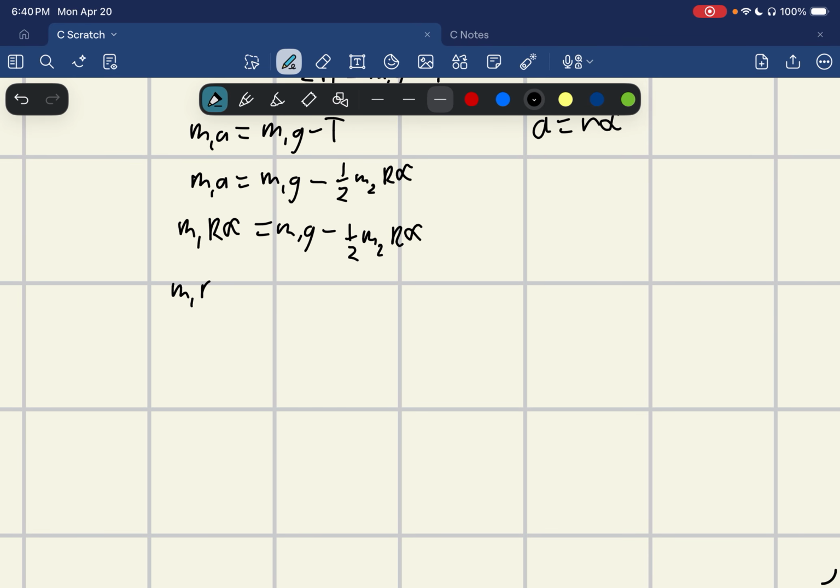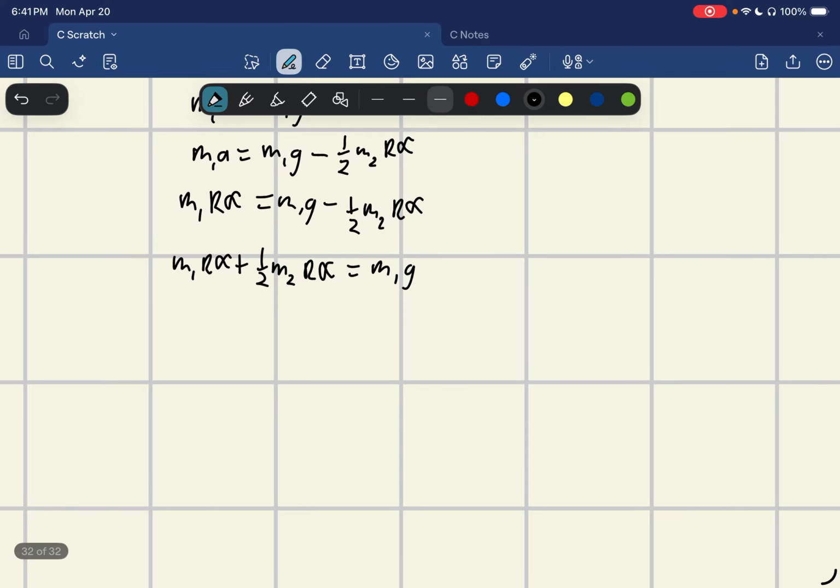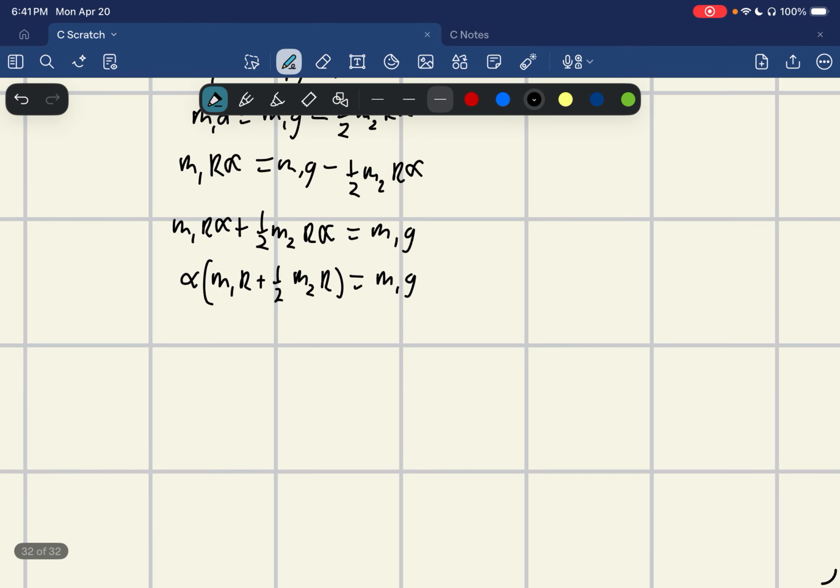So m1 R alpha plus 1/2 m2 R alpha equal to m1 g. And then here I would factor out an alpha. So it'll be alpha times (m1 R plus 1/2 m2 R) is equal to m1 g. And then I would just isolate for alpha. So you know that alpha is equal to m1 g all over that.